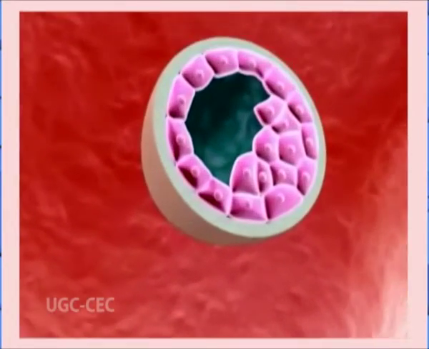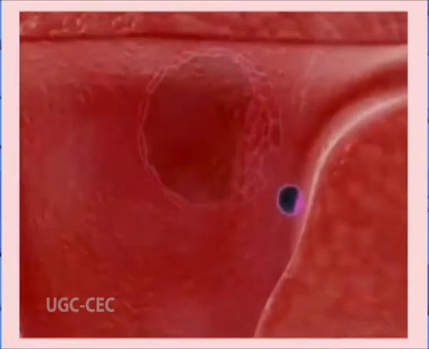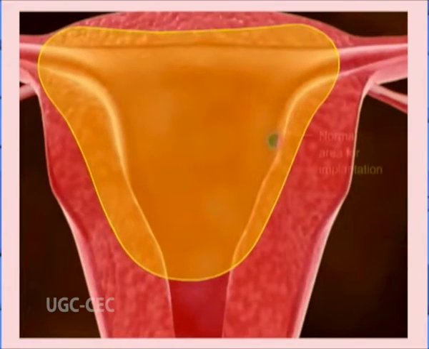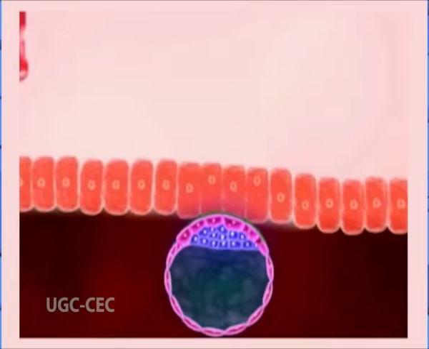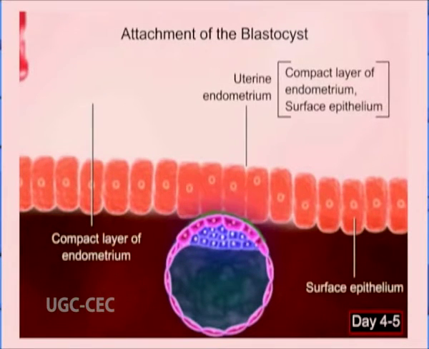At this time, the blastocyst has reached the uterus, but has not yet implanted into the uterine wall. On day 5, the pre-implantation human embryo contains 200 to 250 cells, of which only 30 to 34 are inner cell mass.